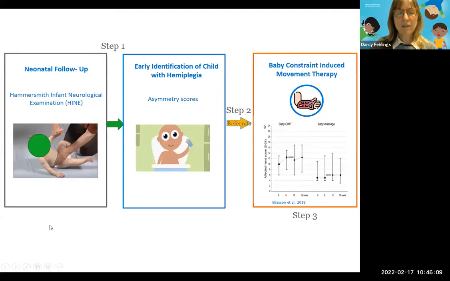So this is just a visual teaching neonatal follow-up programs in the administration of the Hammersmith, an absolutely fabulous tool. Facilitating the early identification and early referral to baby constraint, and then establishing the baby constraint programs.